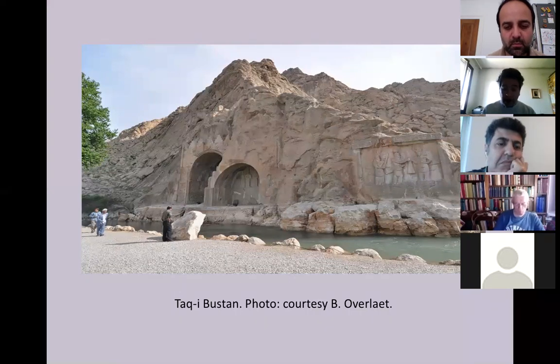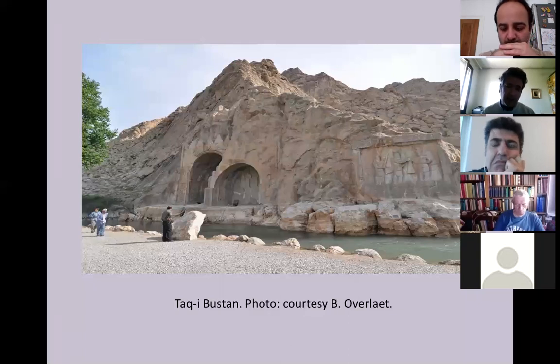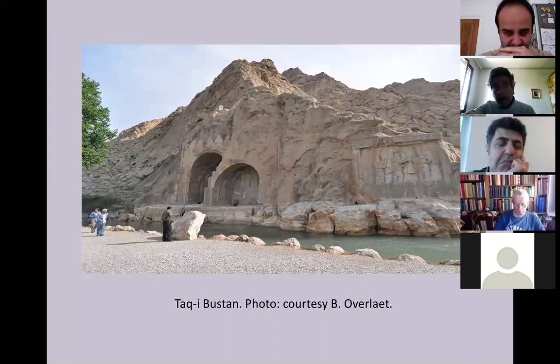And according to the authorities, this was actually the original aspect of Taq-i Bustan until approximately the Safavid Qajar period. And they decided to reshape the place like in ancient times. Unfortunately, they decided to do this without any archaeological excavation, which could have been a very good occasion.